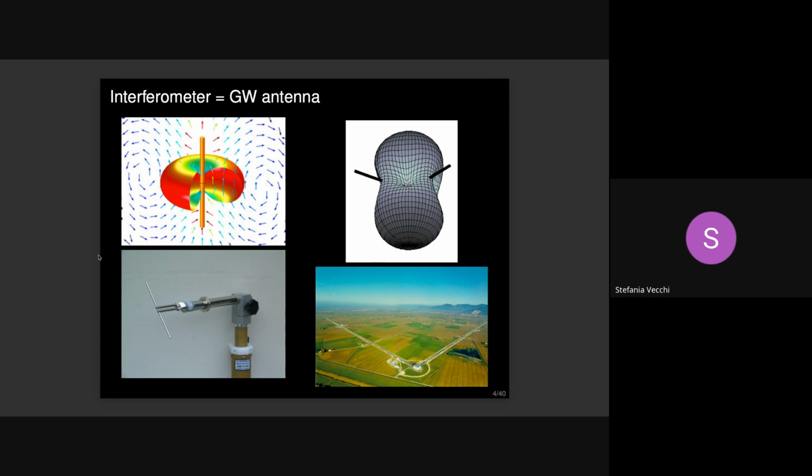One can relatively easily detect signals coming from above or below the plane of the detector, but if they are coming along the plane, the antenna is not very sensitive. So there are two big sensitivity regions on the sky, if you project it, and four blind spots.